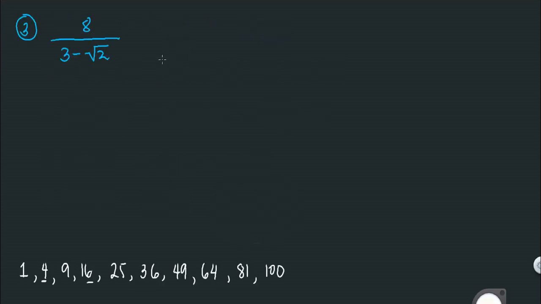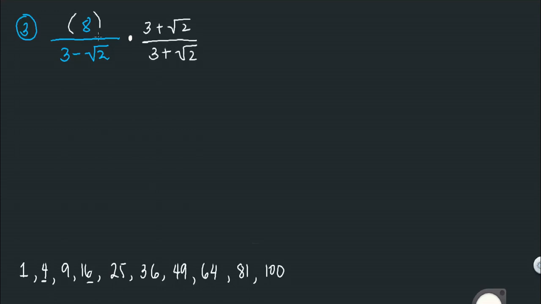Okay, in our third example, we have 8 over 3 minus square root of 2. So, in the process that we have here, we will multiply the denominator by the conjugate. So, meron tayong 3 plus square root of 2 over 3 plus square root of 2.